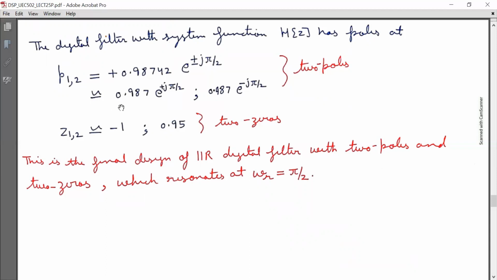The first pole is at 0.987 e raised to j pi by 2 and the other pole is at 0.987 e raised to minus j pi by 2. The two zeros are Z1 at minus 1 and Z2 at 0.95. And this is the final design of the desired IIR digital filter with two poles and two zeros which resonates at small omega R equal to pi by 2.